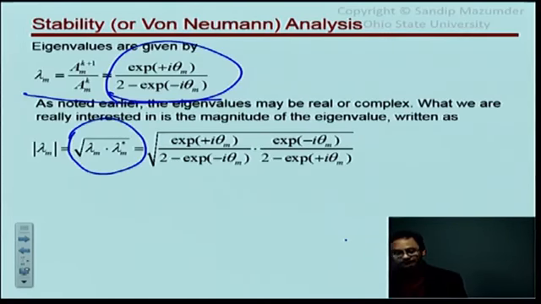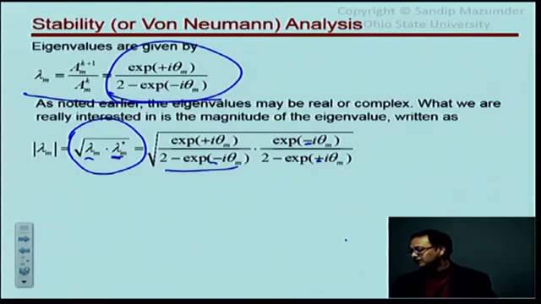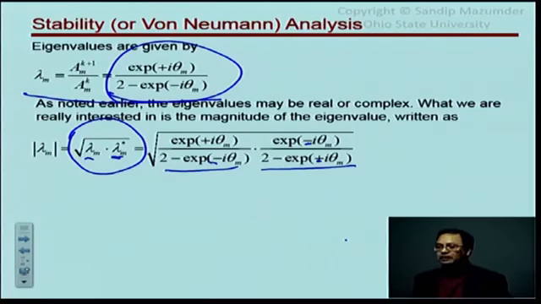So you take the lambda and its complex conjugate, multiply the two, and take the square root. This is basically finding the magnitude of a complex number. So I have e to the power plus i theta m, here I have a minus i theta m, and here also the sign changed. I'll show you how to do it in general terms later on. But this is your lambda and this is your lambda conjugate. So we multiply the two and then take the square root.